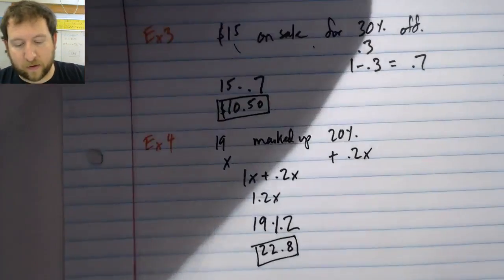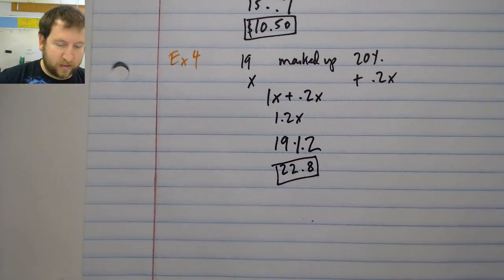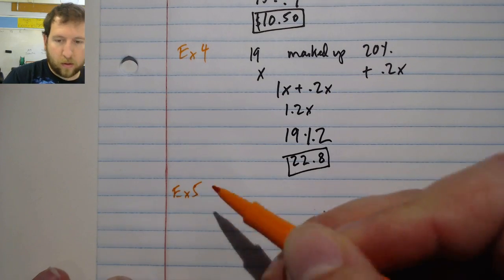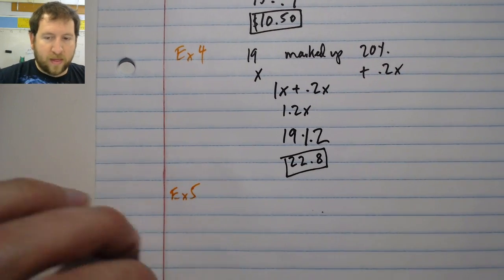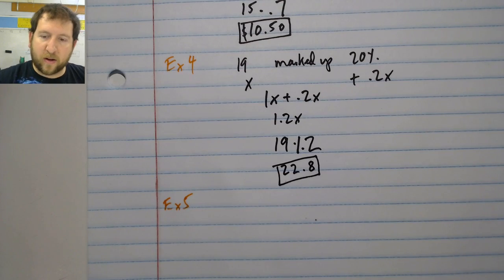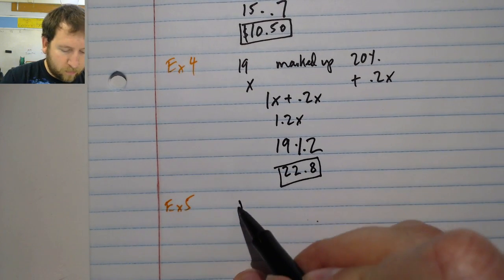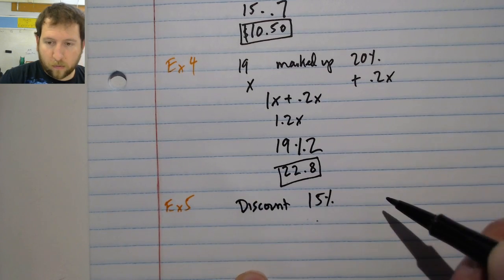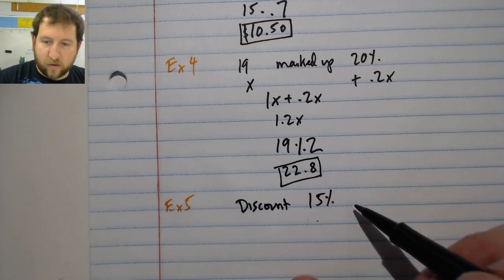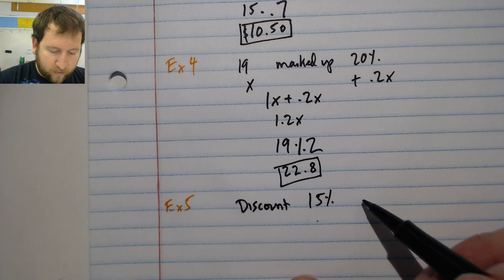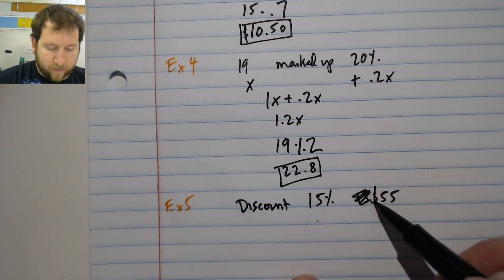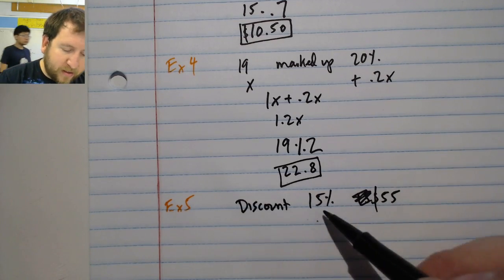Let's take a look at the first example in the discounted section, which is number 11. That one says, discount the price 15%, then find the new sale price, and our price is $55. Okay, discounted 15%.